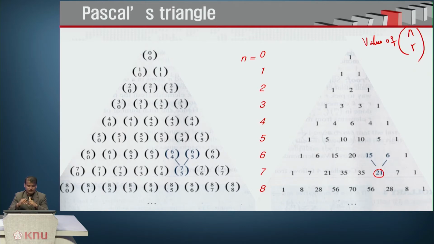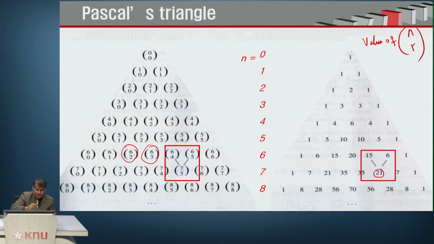We can use Pascal's triangle to compute the values of certain combinations that we talk about, that is of the form n choose r. Suppose you want to compute particular values, say 6 choose 2 and 6 choose 3.